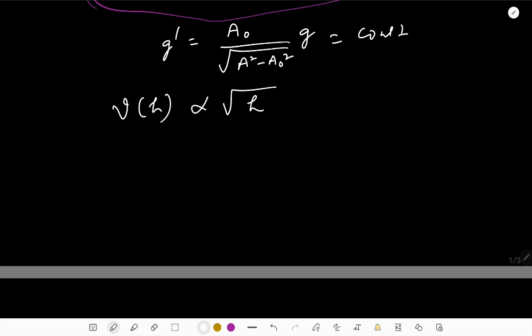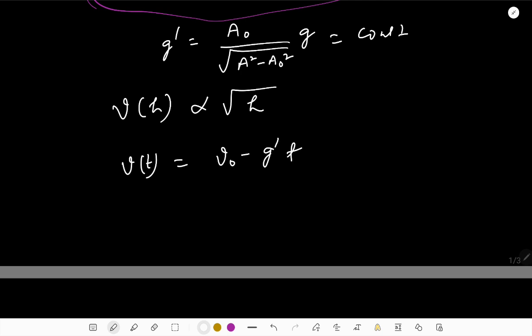To solve the rest of the problem, I'm going to write that the rate of fall of the water surface at time t is the speed of this tiny particle moving in a weird gravitational field, and I can write its velocity at time t as v naught minus g dash t.